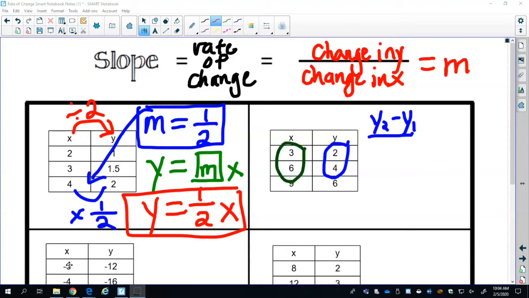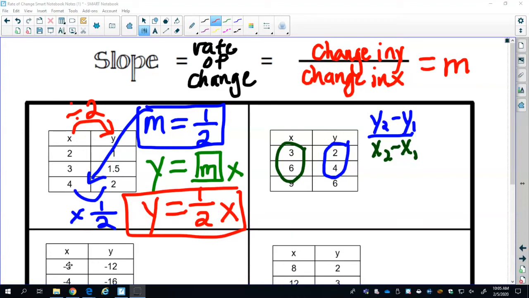So the second x value minus the first x value. This will all make sense in a minute. I'm simply subtracting the numbers. You guys need to write everything down as I have it, so that when you go to do problems on yourself, you'll understand how to do them.